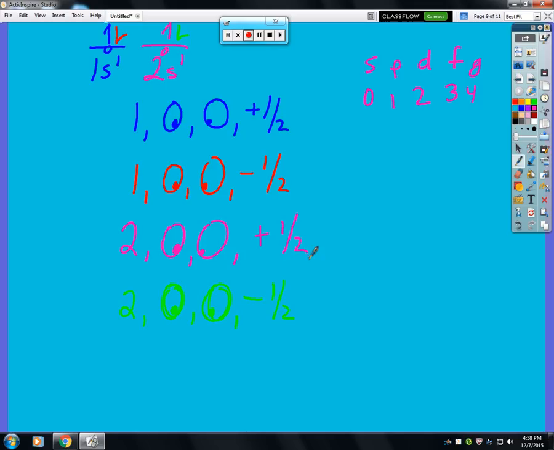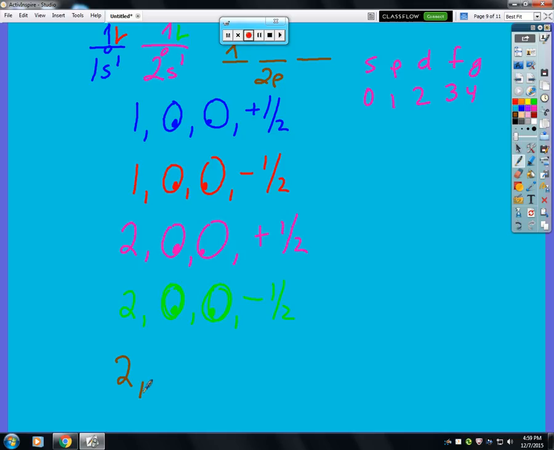Now, if I went on and did boron, what would boron be? Let's do brown. Boron would be in the P's, in the 2P's, and that very first electron goes in this spot. So let's do the quantum numbers for that. I'd have 2.